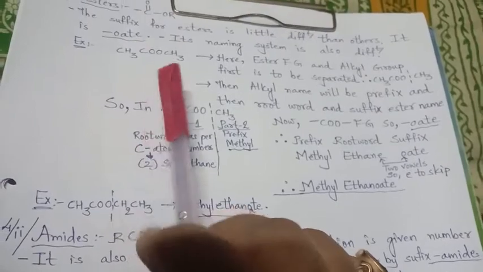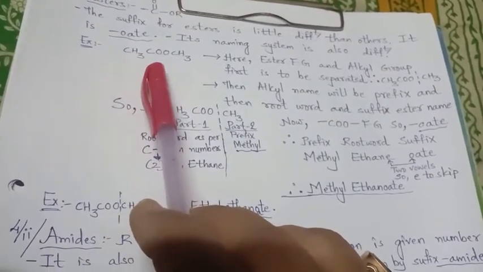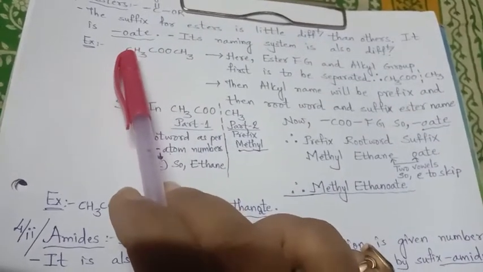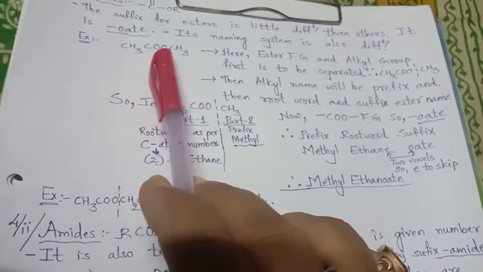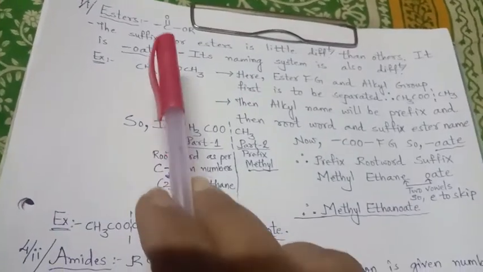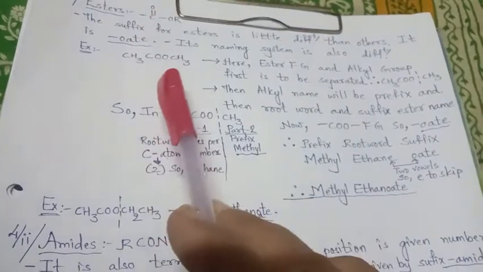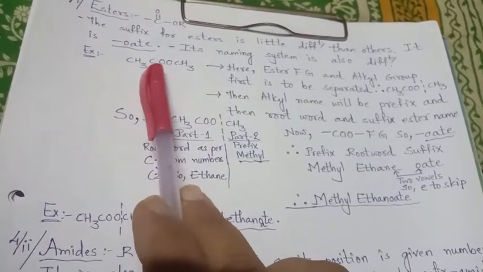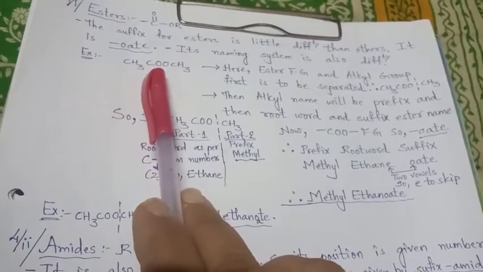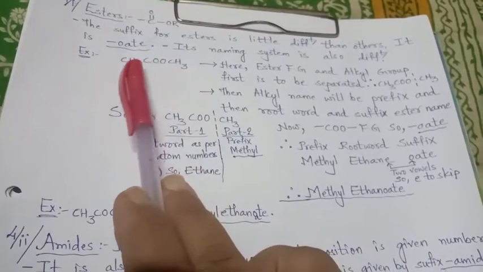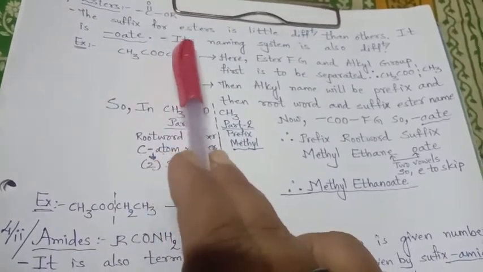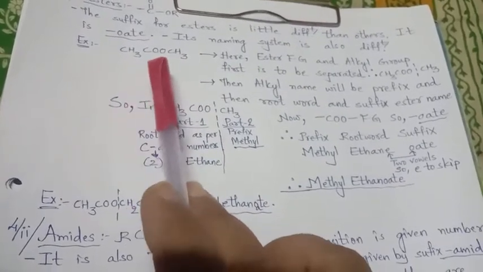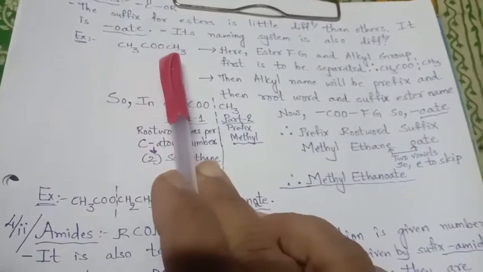So let us first see the example. CH3 C double bond O, O CH3. When in a molecular formula it is written like this, C double bond O, then there is one carbon linked with a double bond O, right? Here ester is the functional group, CH3 C double O, right? And CH3. So the ester is the functional group, and the other attached part is the alkyl group. So first we separate the ester group and the alkyl group.